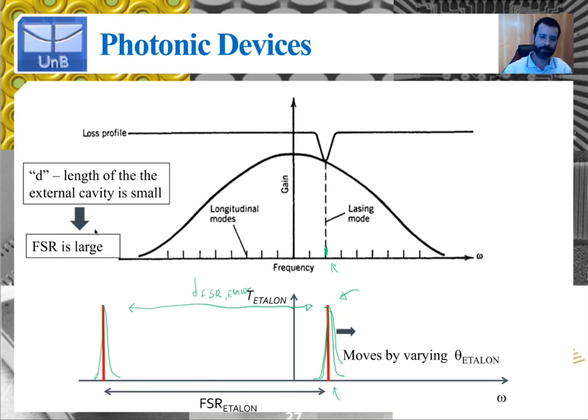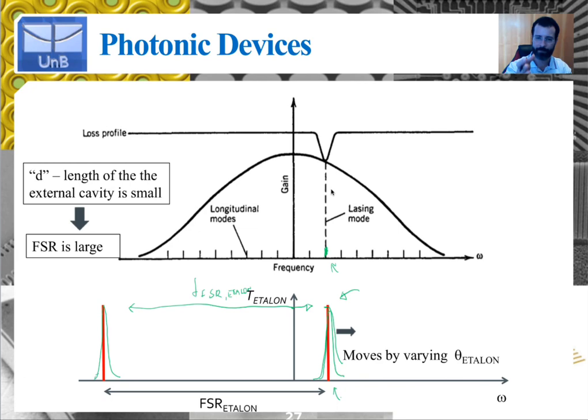Okay, and because the length of the cavity is much smaller, because it's a thin film, the FSR is much greater, so you can have only one mode for which the loss profile becomes smaller for this particular frequency.